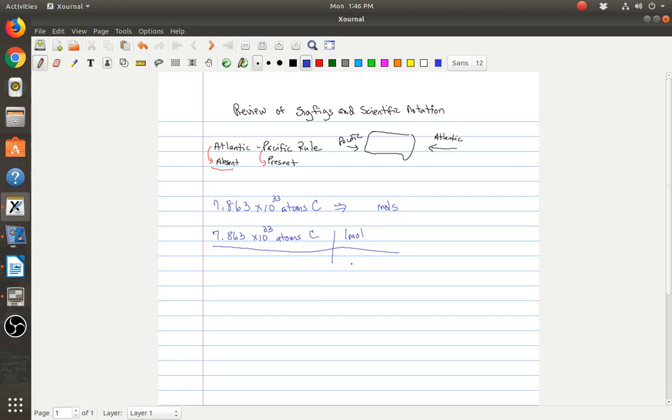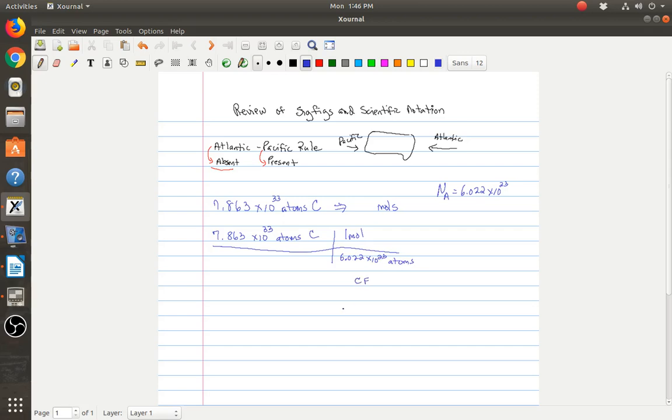How many atoms are in 1 mole? That's Avogadro's number. Remember that? 6.022 times 10 to the 23rd things in 1 mole. So there are 6.022 times 10 to the 23rd atoms in 1 mole. This is the conversion factor.